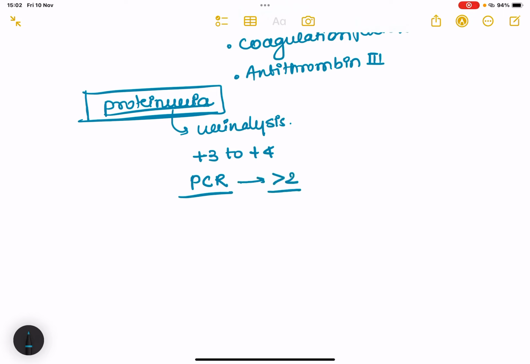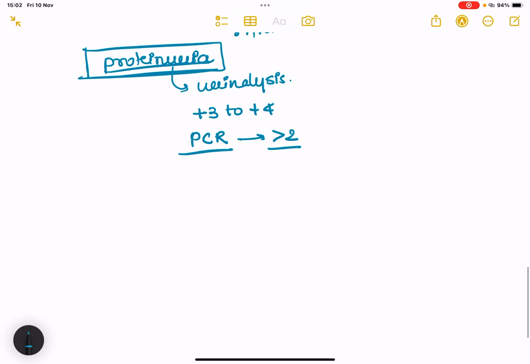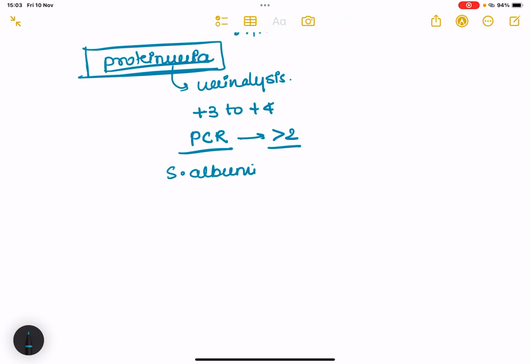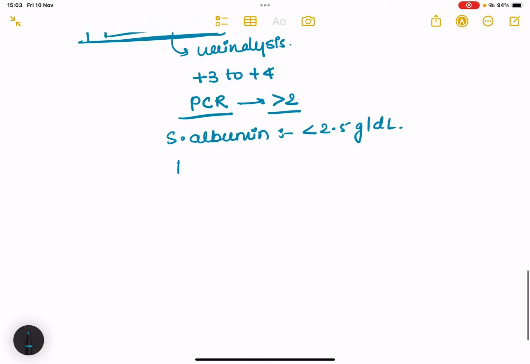And we know that principally the proteinuria contains albumin, so we can check the serum albumin level also. The serum albumin levels will be decreased, less than 2.5 gram per deciliter, and there will be increased lipoproteins and increased levels of cholesterol and triglycerides.